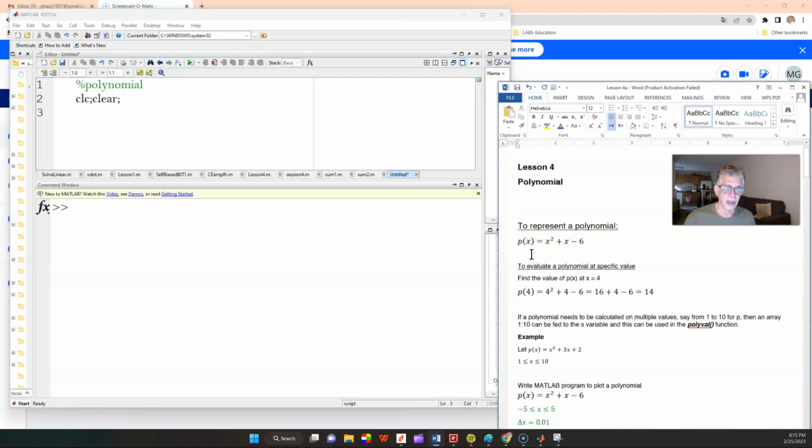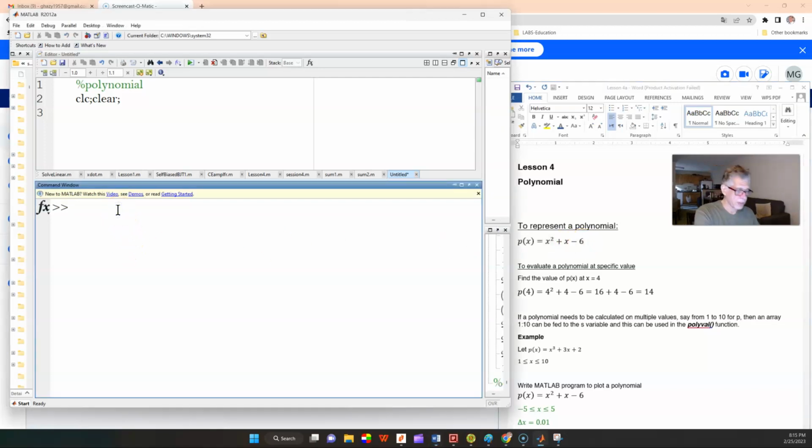So the first thing, how can we represent any polynomial? Polynomials are represented as a row vector, and we use the coefficients of the polynomial, ordered from the highest power down to the constant term. In this case, the coefficient of x squared is 1, the coefficient of x is 1, and the constant term is -6.